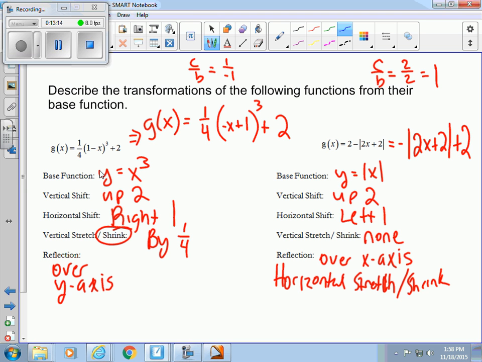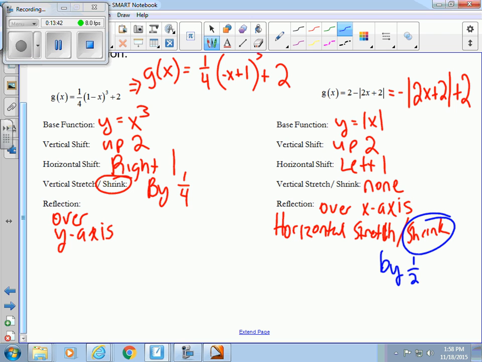The number in front of the x. Is there a number in front of the x here? 2, right? So, why shrink? Greater than 1. So there's a horizontal shrink, and it's actually by a half, because it works kind of in a reciprocal fashion. Any questions about that one?